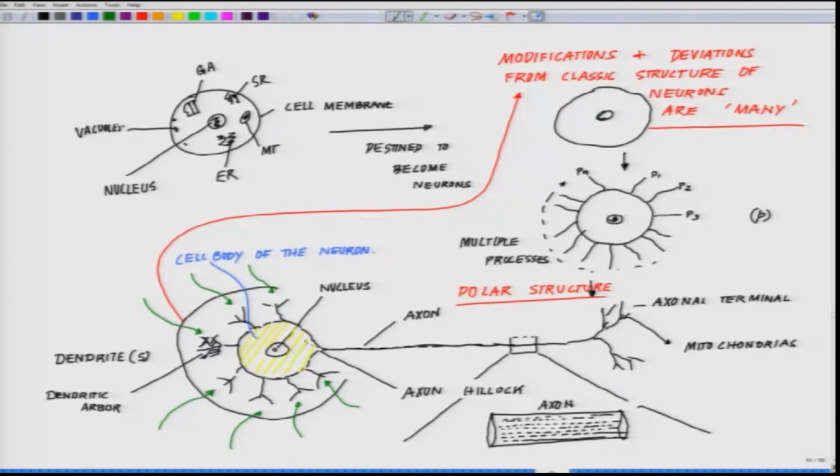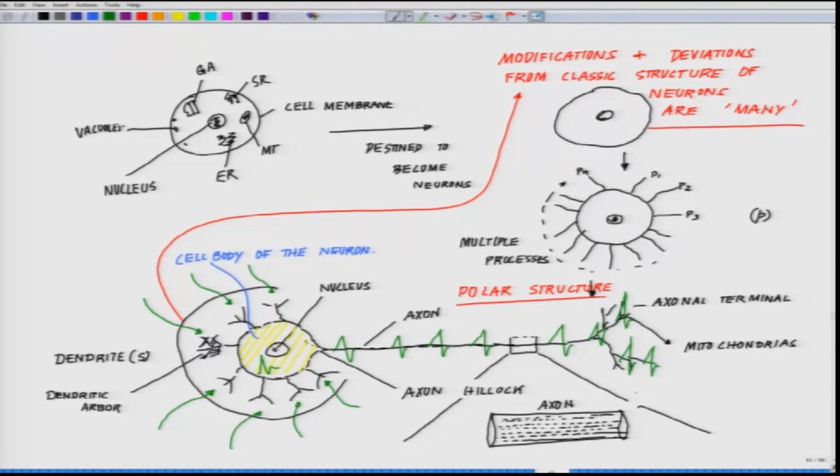This information, through electrical processing, is conveyed through the axon to the next neuron.